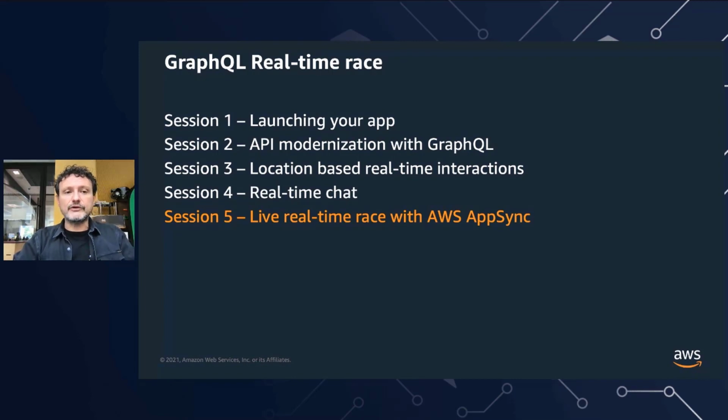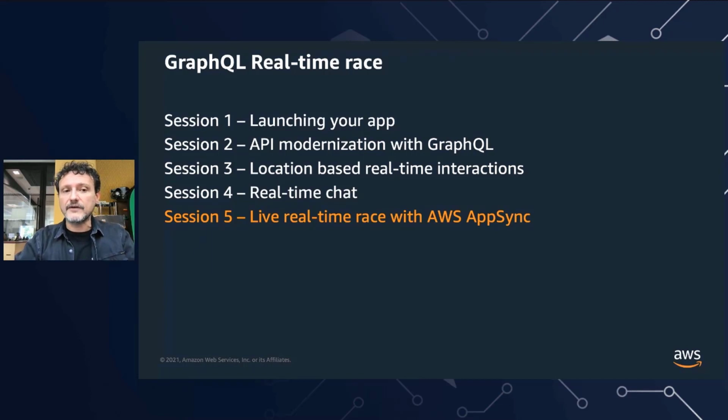And then in session number 3, we introduced a new use case about real-time, so real-time interaction based on location. And we're going to use the same map resource we created in session number 3. So again, that's why you need to complete previous sessions before jumping into this one.